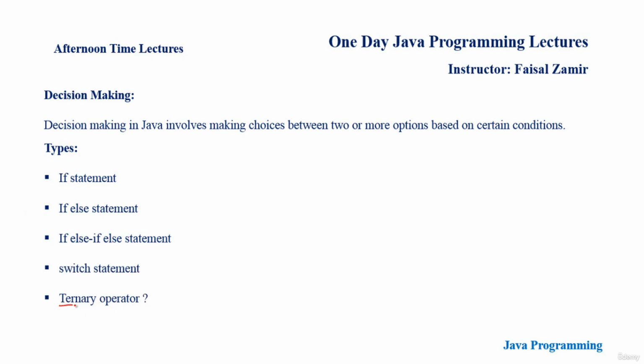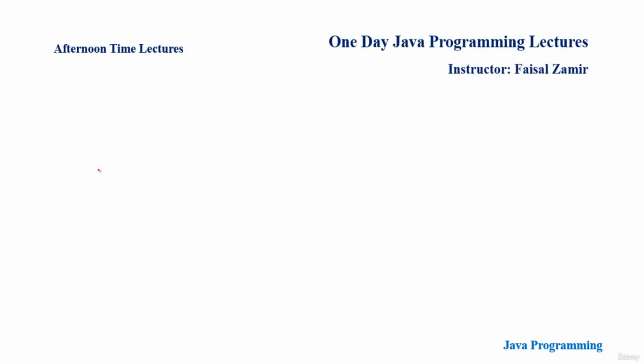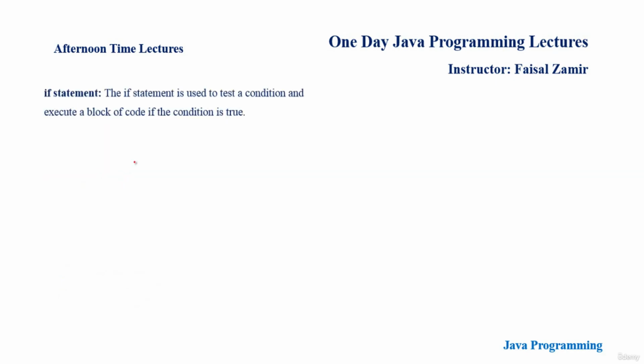The ternary operator is included among operators, but you can also use it for decision making. So first of all, in this video lecture, I will discuss the if statement. The if statement is used to test a condition and execute a block of code if the condition is true.